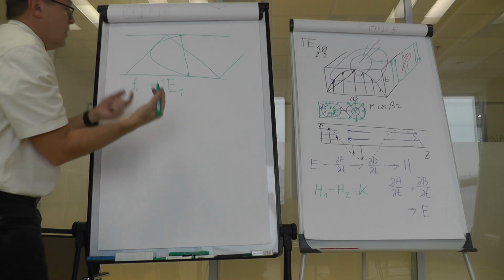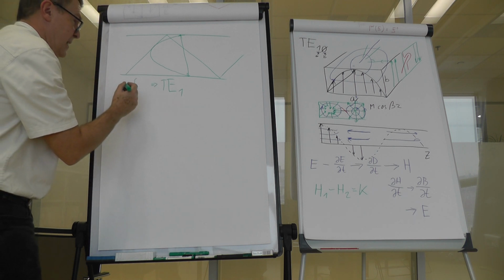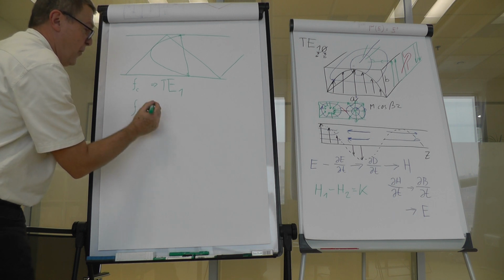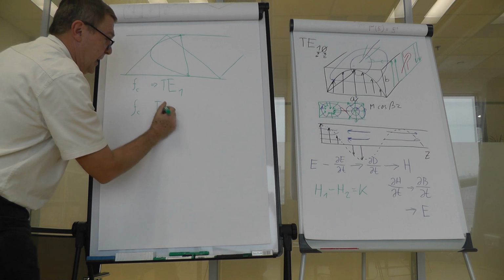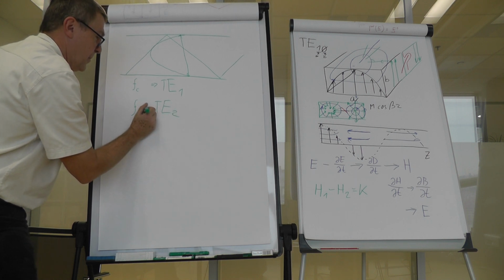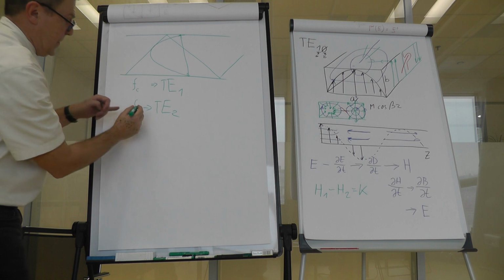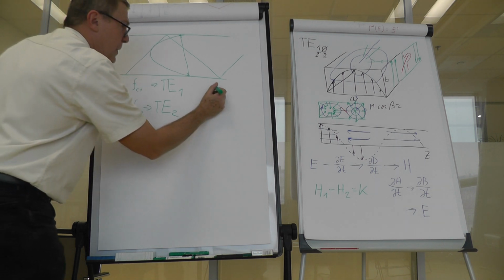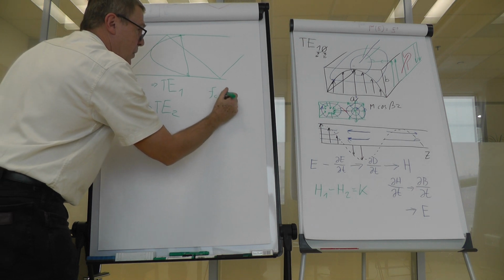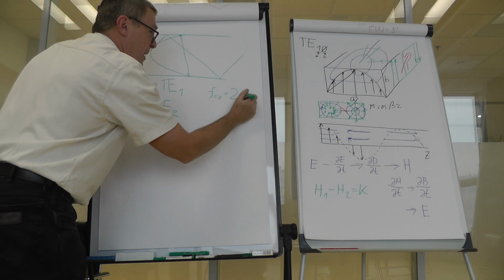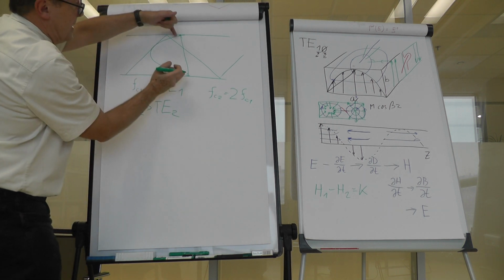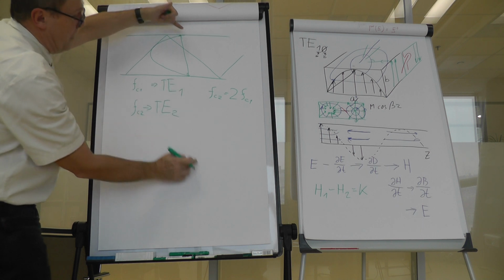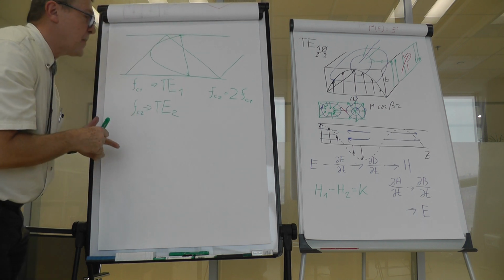Of course, if we double that frequency, we would have another critical frequency of TE2. If I call this 1 and 2, we would know that FC2 is 2 FC1, because this should be a half wavelength in this case, and this should be one full wavelength in this case.